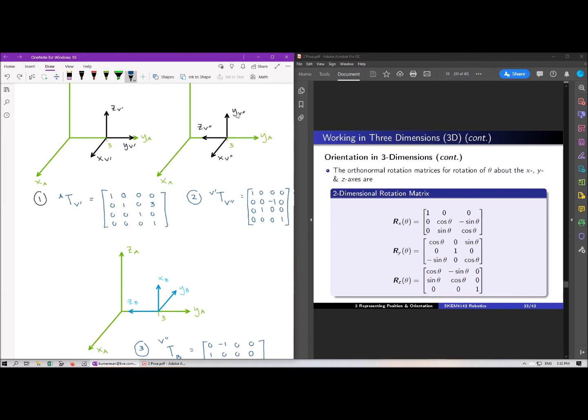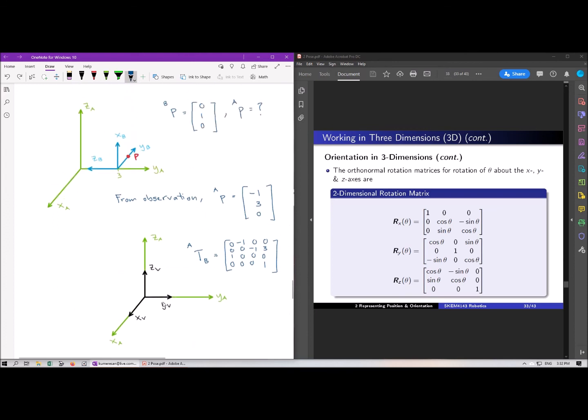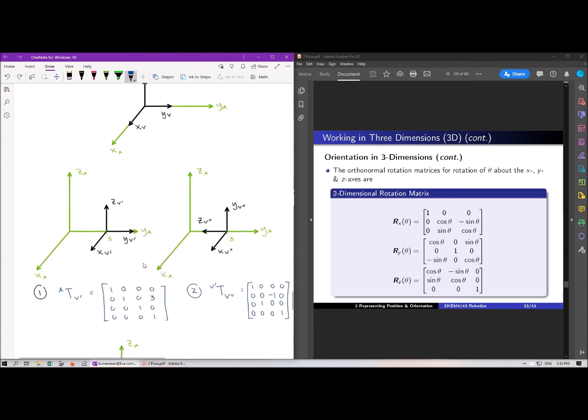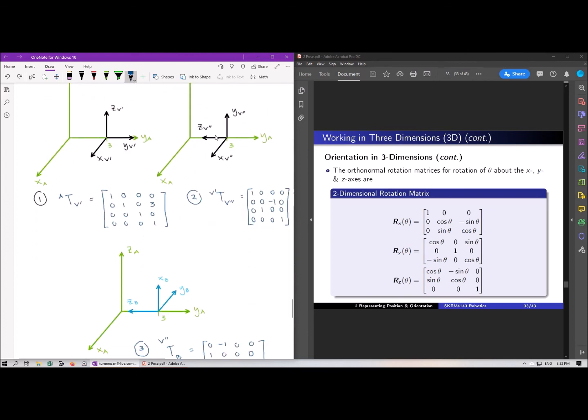From here, we have to perform another motion to obtain our B coordinate frame, which is our problem to be solved. As you can see, to obtain this from here, we rotate about the zv double prime axis by 90 degrees. So xv prime goes up here, becomes xb, and yv double prime goes down here, becomes yb.